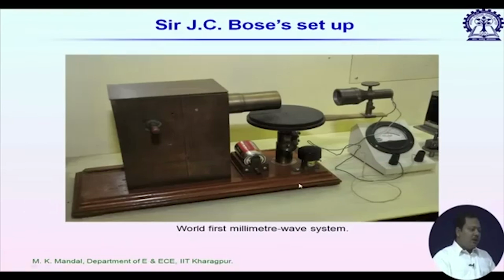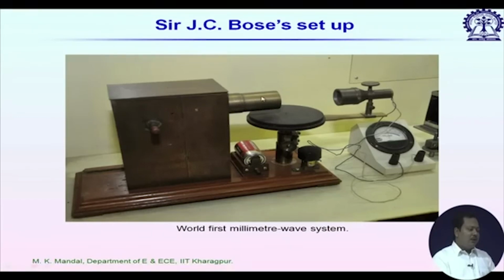This is a replica of the original system designed by Professor J.C. Bose in Kolkata. You can see this is a box. Inside the box we have a millimeter wave source, which is nothing but a spark gap, and then he used a metallic hollow tube as the transmitter.